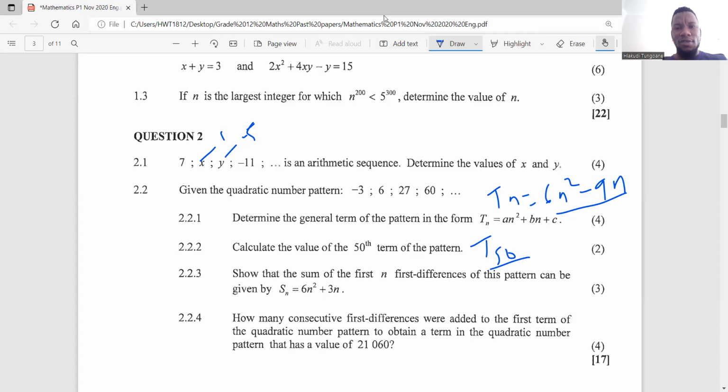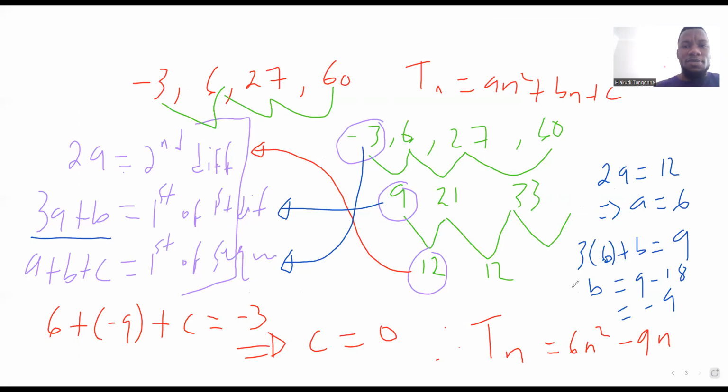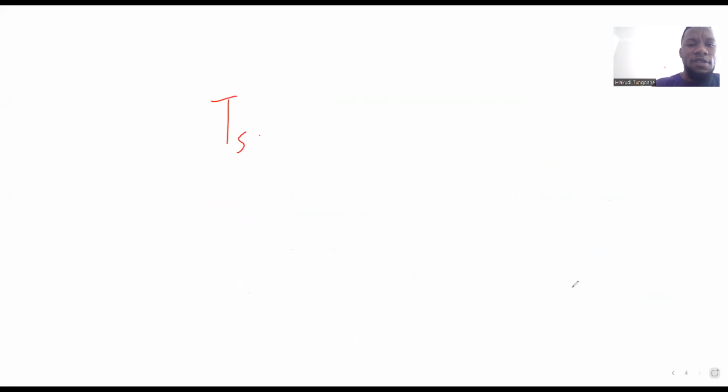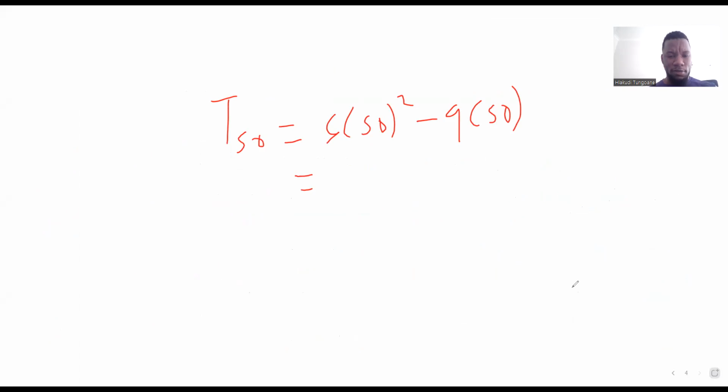If we do that, T50 is going to equal 6 times 50 squared minus 9 times 50. Then you can just punch it quickly in your calculator. 50 squared, minus 9 times 50, and then we have 5550.